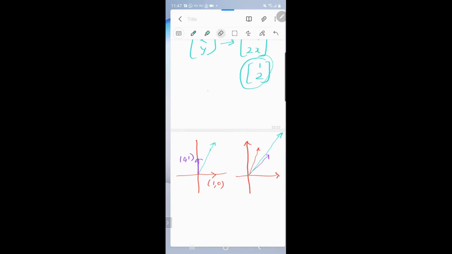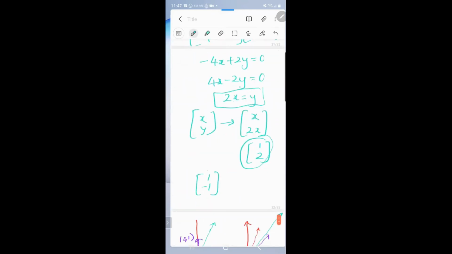Okay, so I'm assuming you guys followed. So it's just 1, minus 1. So this special vector 1, minus 1 only got multiplied by minus 1.